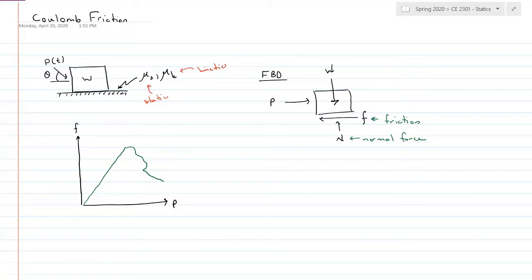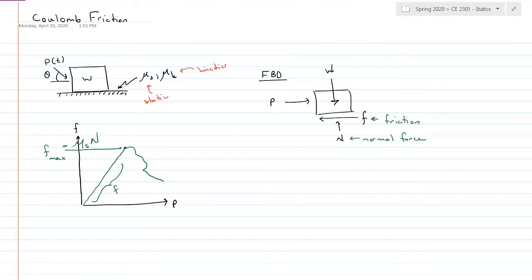So this is any friction. And then we have the maximum value, friction max, and that's going to equal our static friction times the normal force. That's the maximum that we can get.